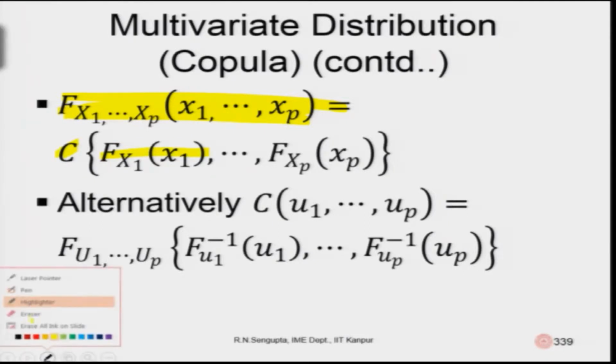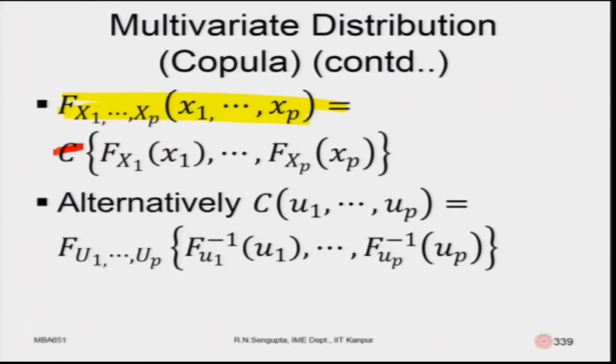So, let me use a different color. This is the Copula function which you need to find, and these are the marginals. So, this is basically a function of the marginals being mapped onto the joint distribution.